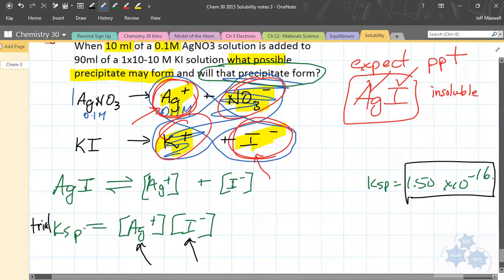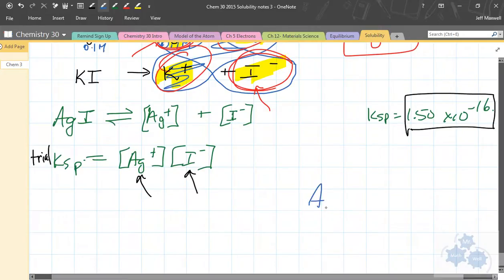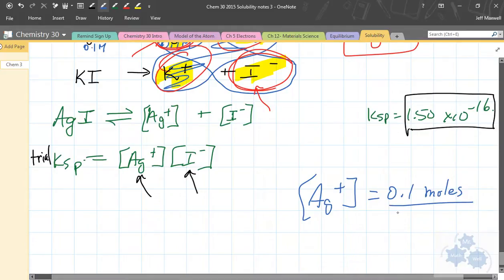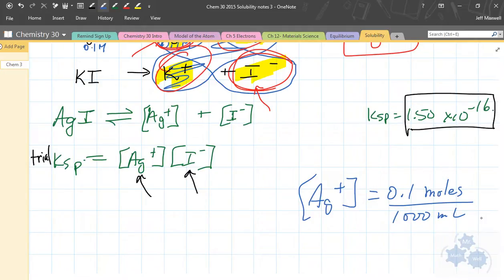Okay, so 1-to-1. Now, we only have 10 milliliters of that. So remember, for Ag+, 0.1, that's 0.1 moles in 1,000 milliliters. Because that's what molar means. Moles per liter, right? You remember that?